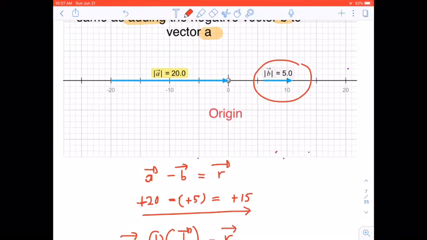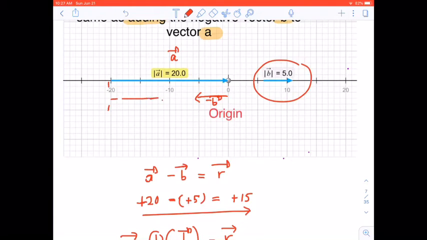So when we reverse the sign, that's now minus B. And this is vector A, and that's vector B, and then what's my resultant?